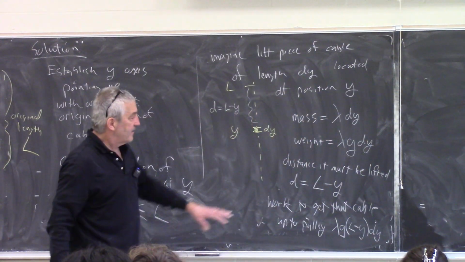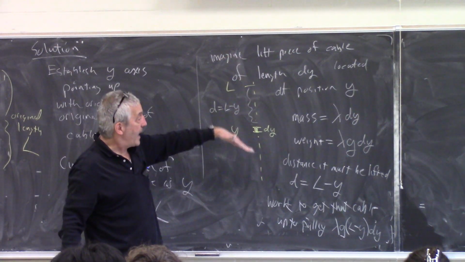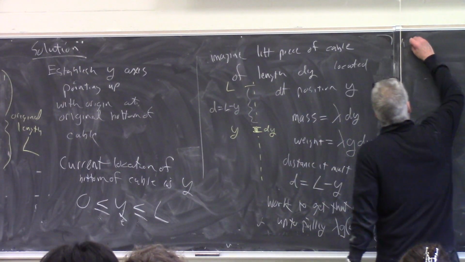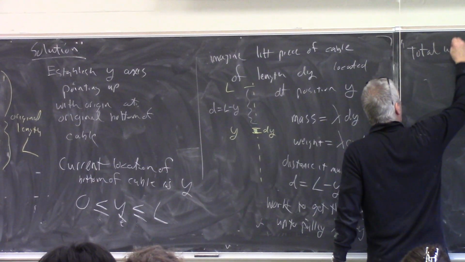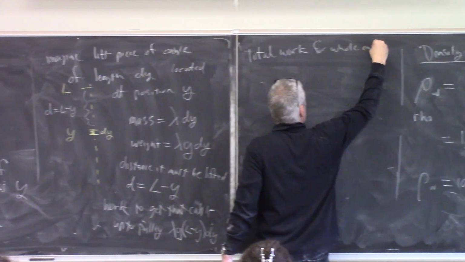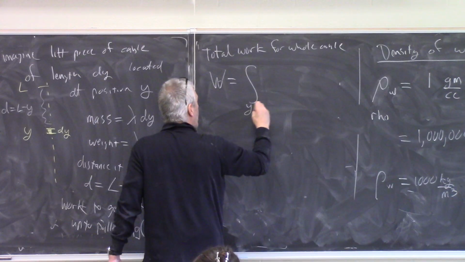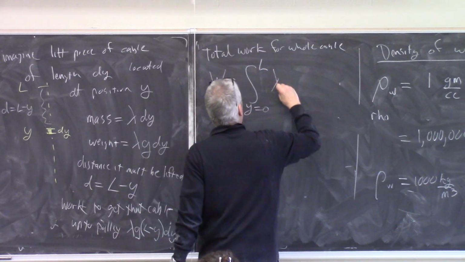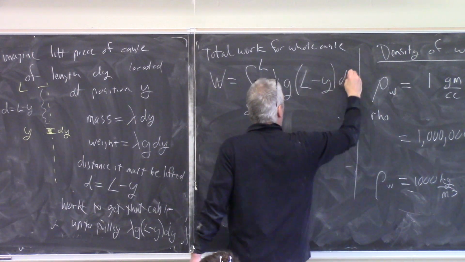So that's the work to just get one little piece of this cable onto the pulley. Now I've got to add up all the different lengths for the whole cable. So that's going to be capital W, and that's going to be the integral as y goes from 0 to L of that quantity. So lambda g times L minus y dy.